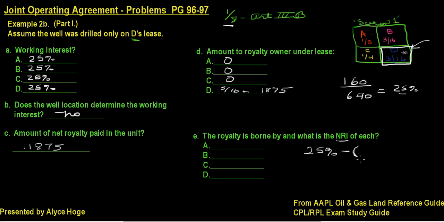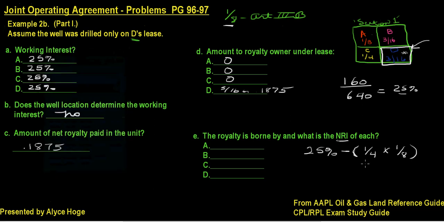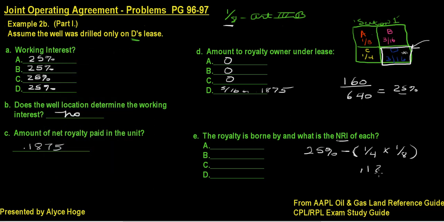So we're responsible for 25%, or 1/4, of that 1/8. Remember, anytime you hear "of," that means to multiply. 1/4 of 1/8. Okay? So that means our interest is going to be, let me just show you here, it's going to be 0.125. I'm sorry.